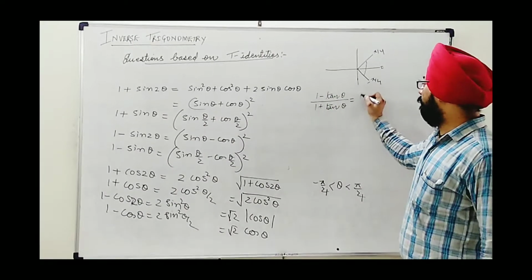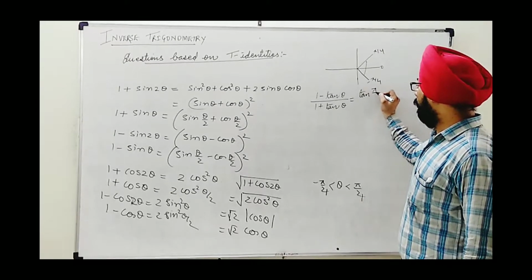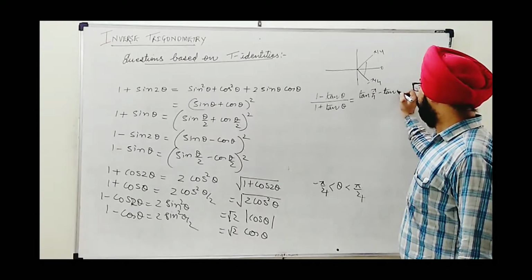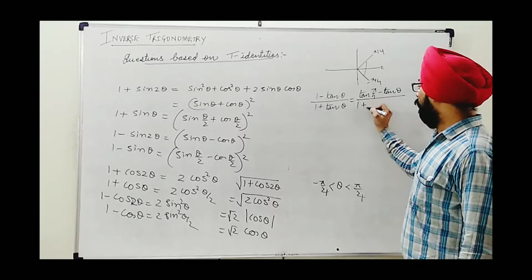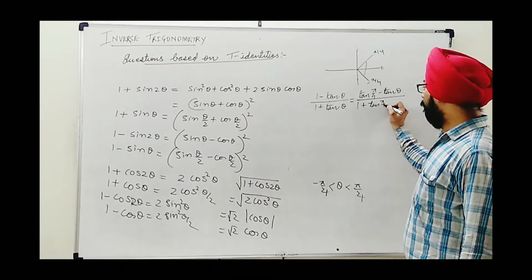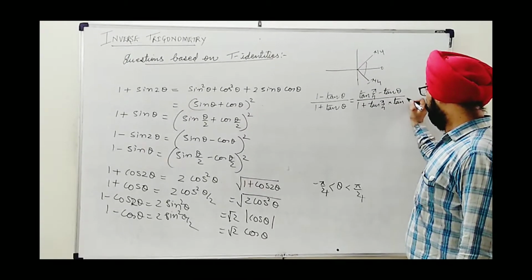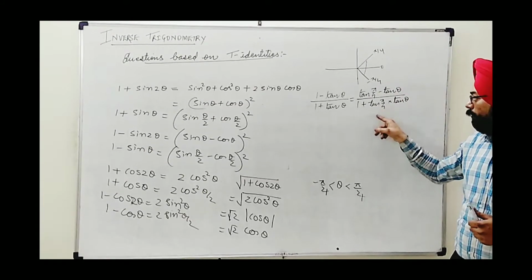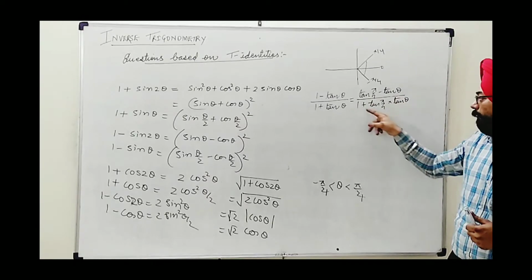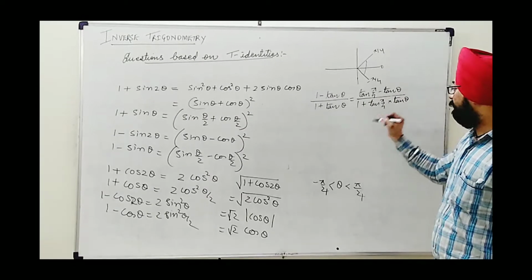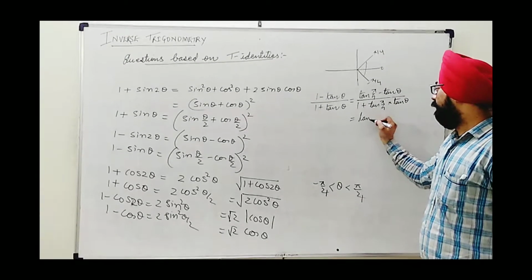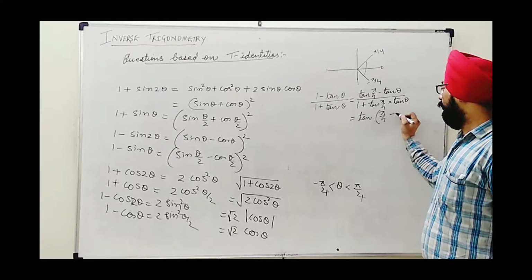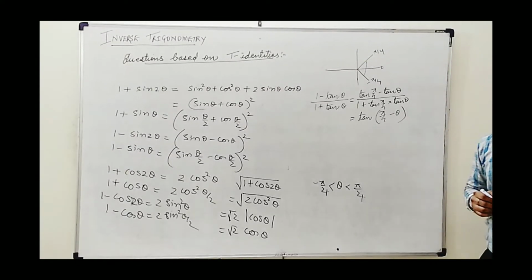So this can be written as tan pi by 4 minus tan theta upon 1 plus tan pi by 4 into tan theta. Writing this tan pi by 4 here will not affect it, as it is 1. So it becomes like tan A minus tan B upon 1 plus tan A tan B. So this can be concluded as the identity tan of pi by 4 minus theta.